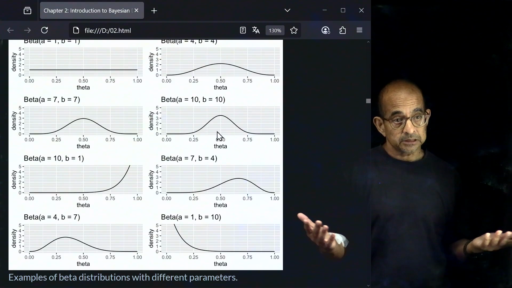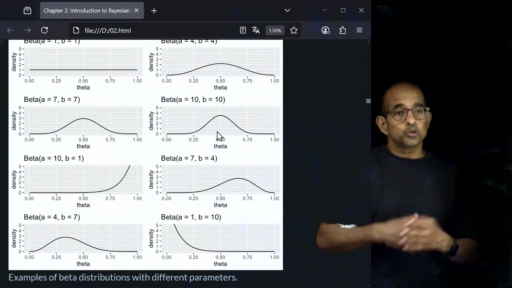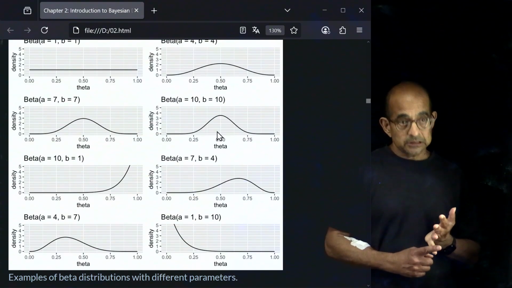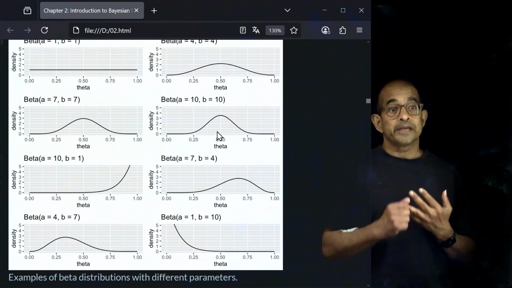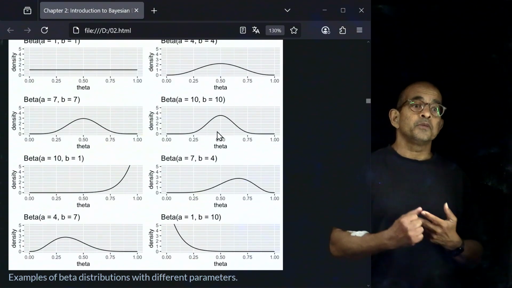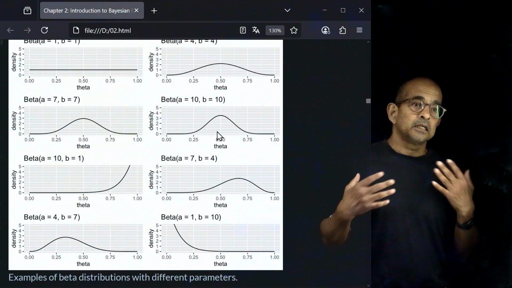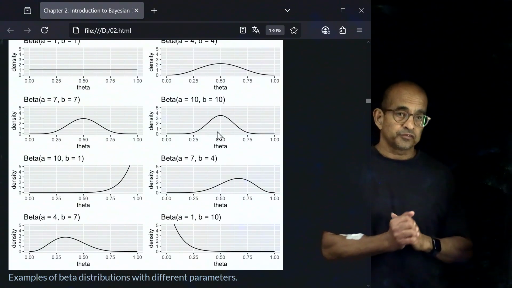Now this prior uncertainty, where does it come from, right? It could come from your prior knowledge about the theta parameter from previous experiments. It could come from expert knowledge about the problem that you're studying. It could come from just a rough guess that you have of plausible values of that parameter, right?